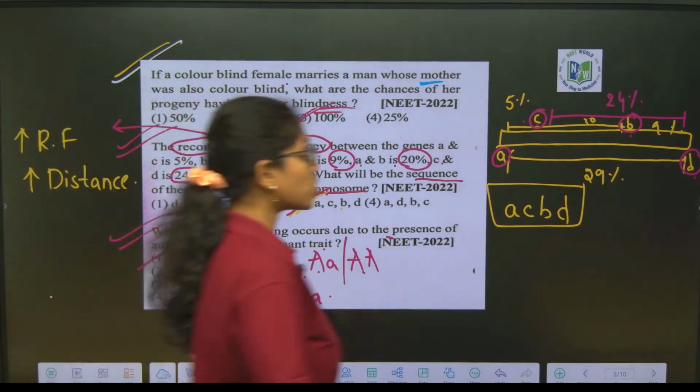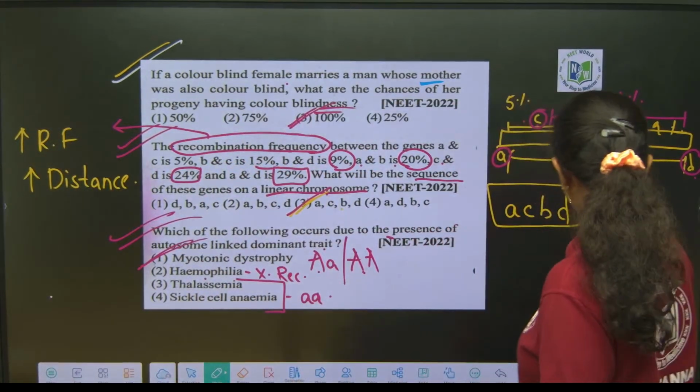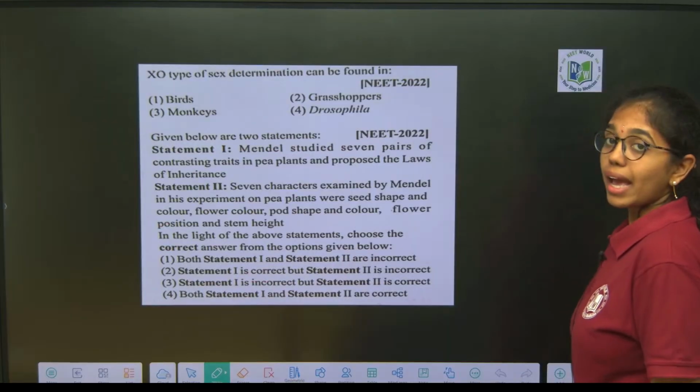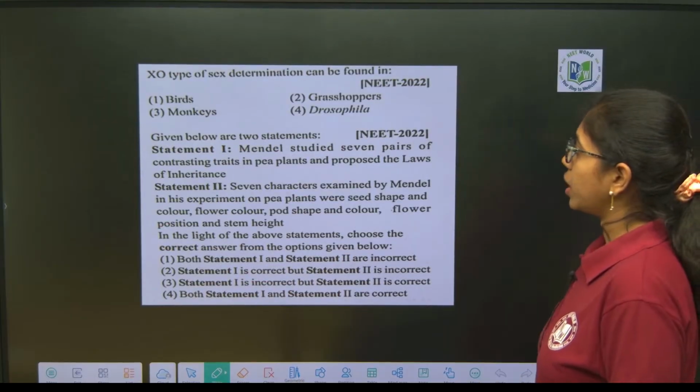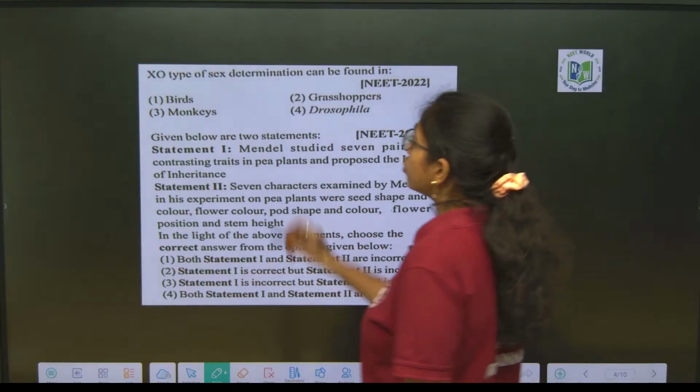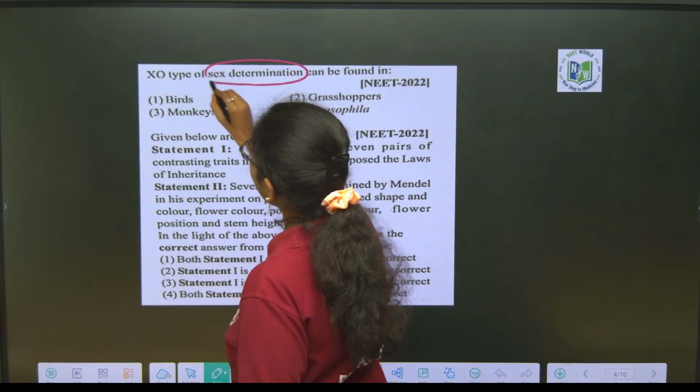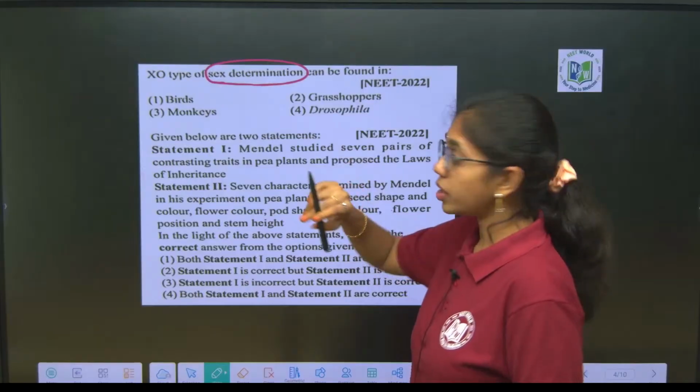And then next question. Here, XO type of sex determination can be observed in. So, sex determination is of 3 types. What are the 3 modes of sex determination?